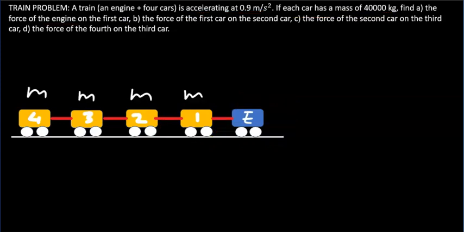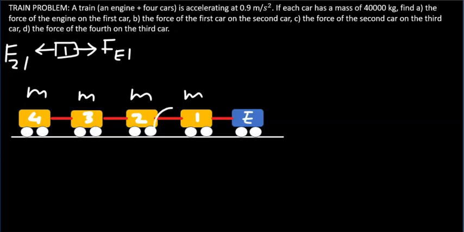Let's look at the free body diagram of car 1. The force exerted by the engine on car 1 can be written as Fe1, and at the same time there is force exerted by 2 on 1. So let's call it F21.